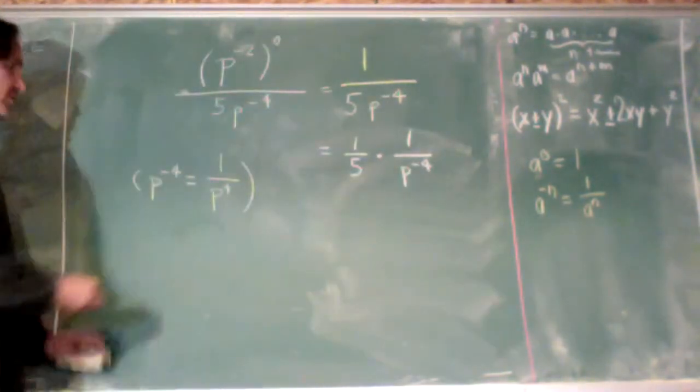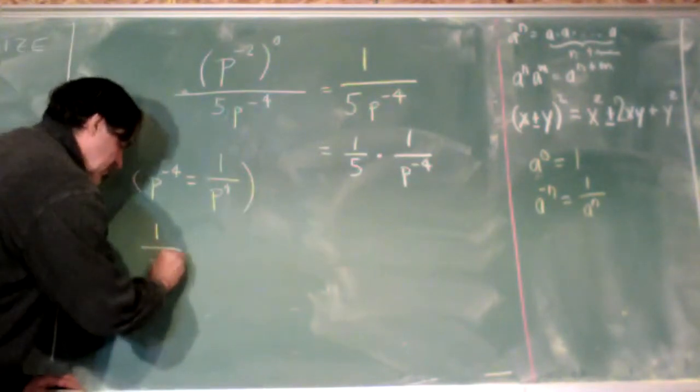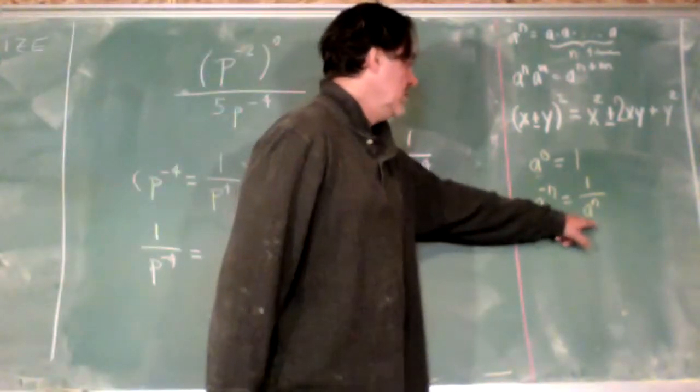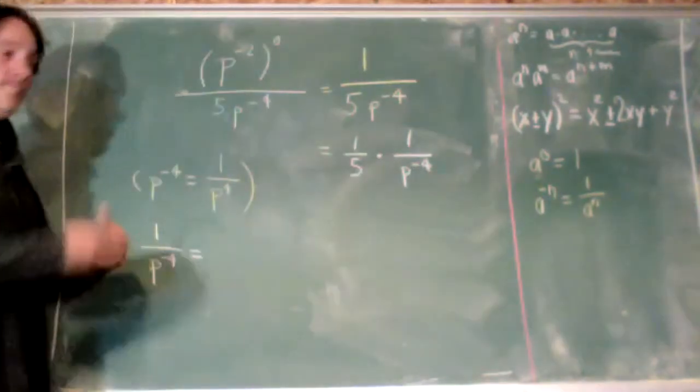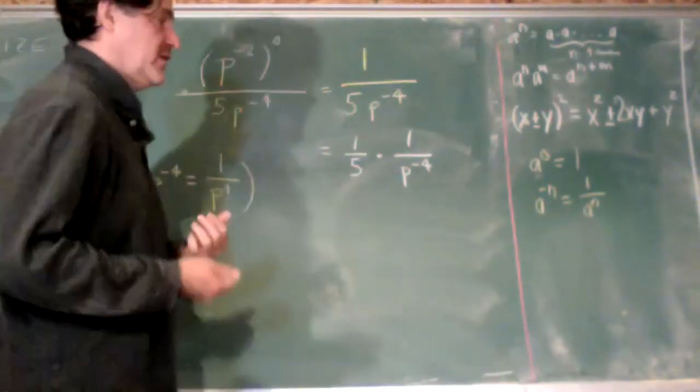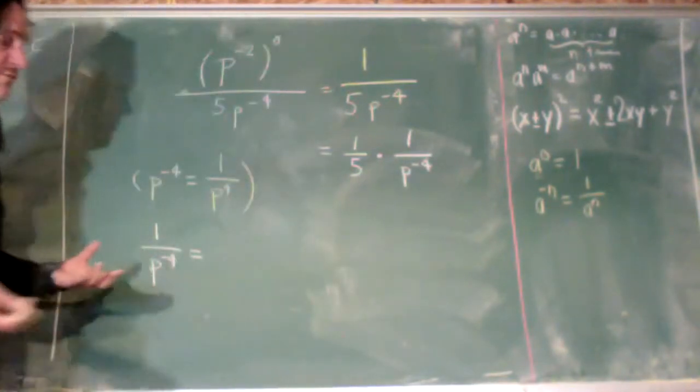Now what I want to do is take 1 over p to the -4th power and apply our definition where now n is -4, because remember, we extended our definition to all rational numbers. -4 is a rational number.